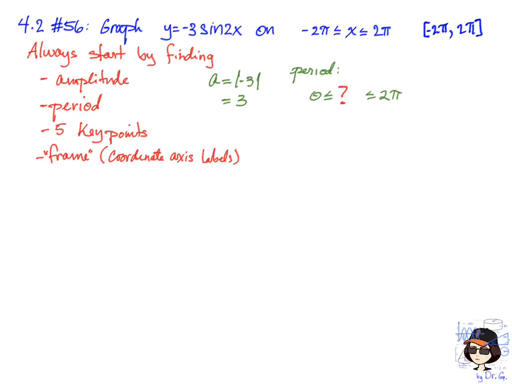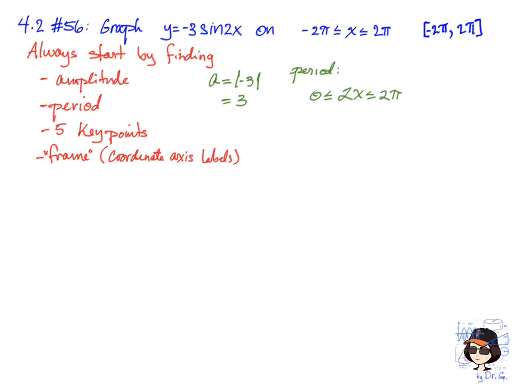Because one cycle of the regular sine function goes from 0 to 2 pi. And so the argument in this case is 2x. So always start with this. You don't start with negative 2 pi to 2 pi because that's too big. That's way more than one cycle. So we start with 0 and we end with 2 pi. And in the middle, we put whatever the argument is.